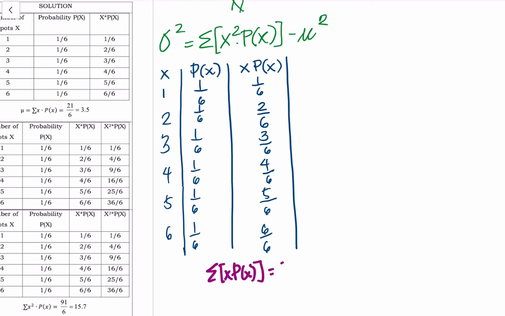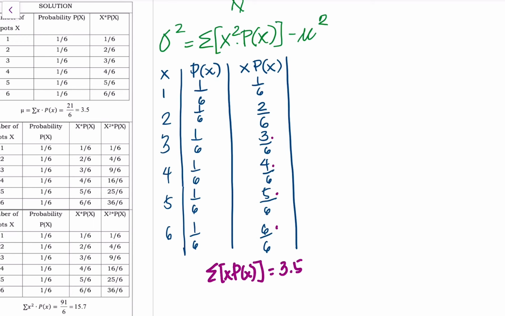We will be getting 3.5. Okay? Kasi pag ini-add natin to lahat, that would be 3, 6, 10, 15, 21. So, 21 over 6, which is 3.5.